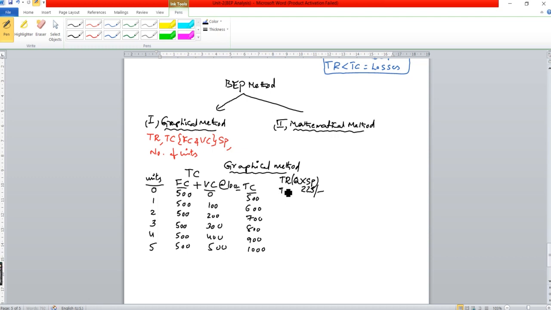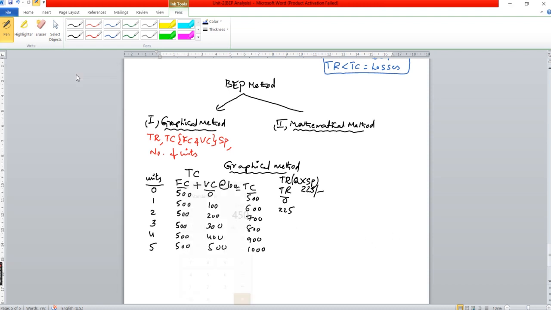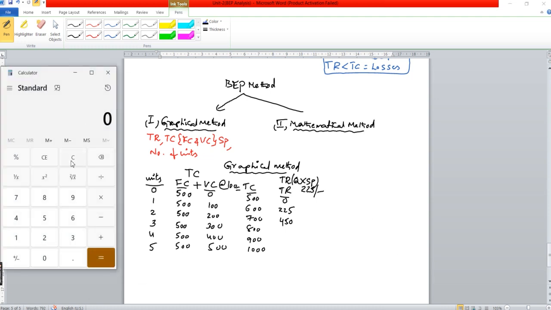So at 0 units the total revenue is 0. For the first unit it is 225 rupees, and for the second unit, 2 into 225, 450. For 3 units, 3 into 225, 675.